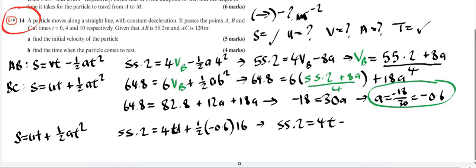Oh, so that's u, isn't it? Okay, so now I do 0.5 times 0.6 times 16, so yes, minus 4.8.